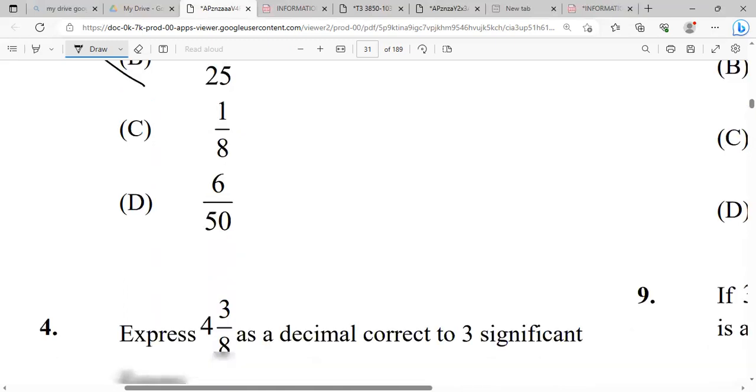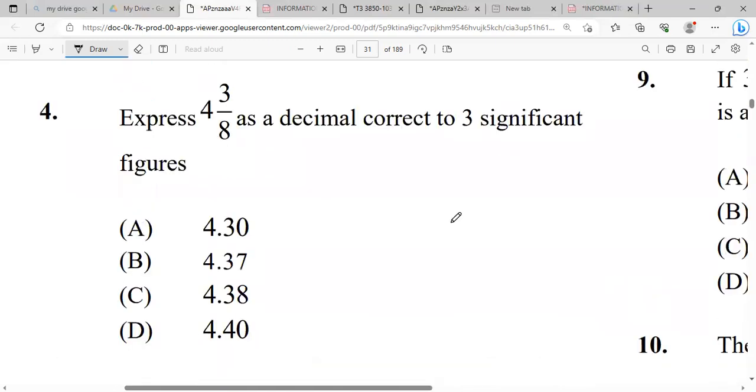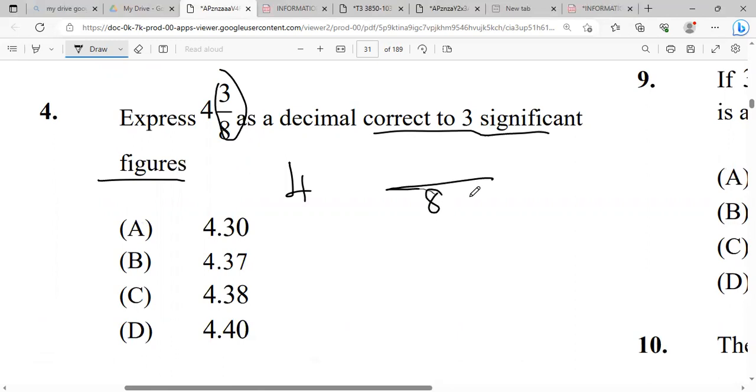All right, so let's look at number 4. It says express 4 and 3/8 as a decimal correct to 3 significant figures. If you follow my channel, you would have seen me do this already. We leave the 4 first, but we're going to convert the 3/8 to a decimal and then deal with it. So we divide 3 by 8.